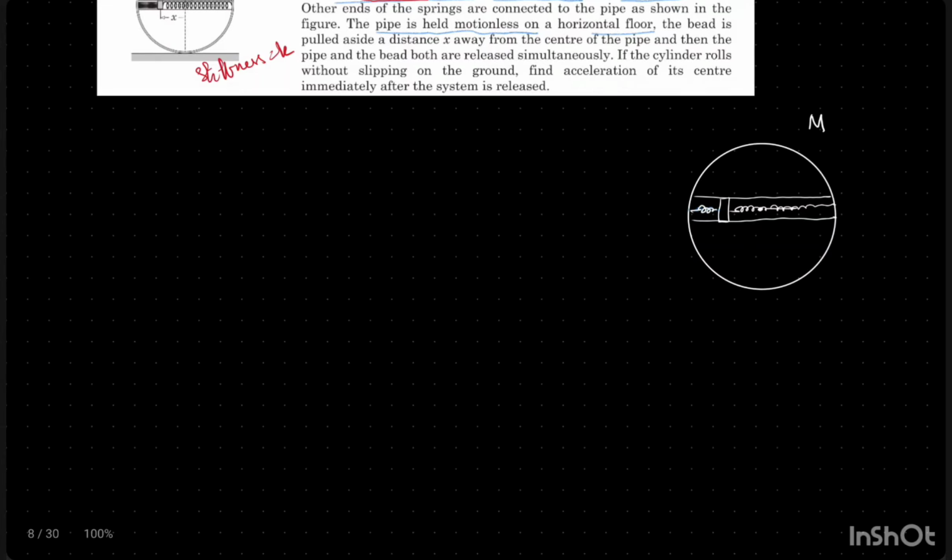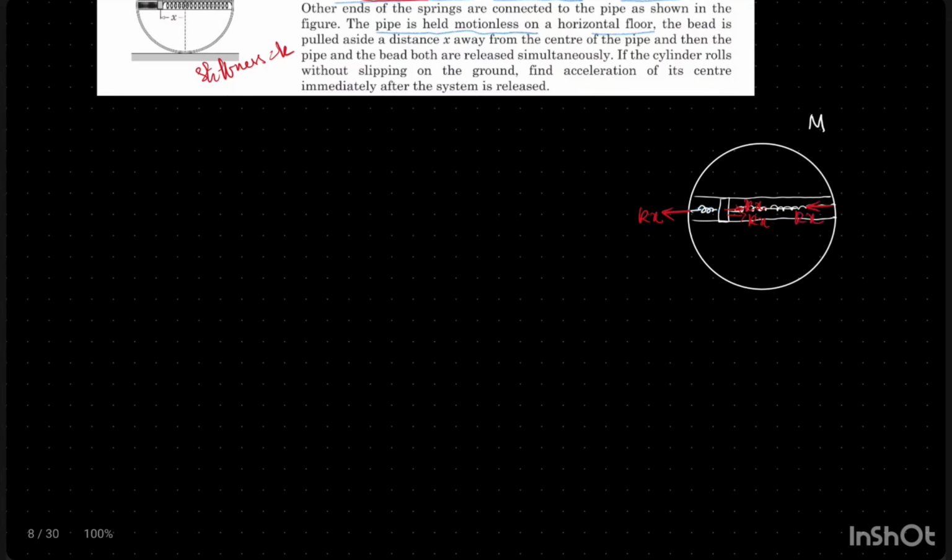There must be a force acting on this block from the small spring, that is kx. Actually that is a normal spring as well, but it is compressed and that is elongated. The other one is another kx. Both, 2kx force will be acting on the bead, but from this spring there will be a reaction on that pipe, that is kx, and also there will be a reaction from the other spring, that is kx.